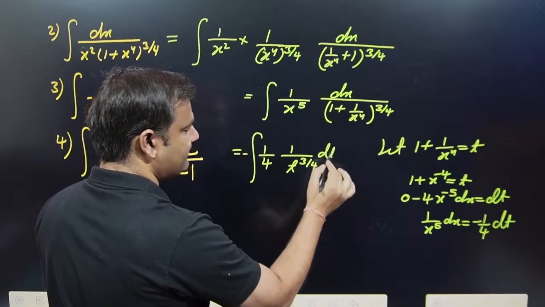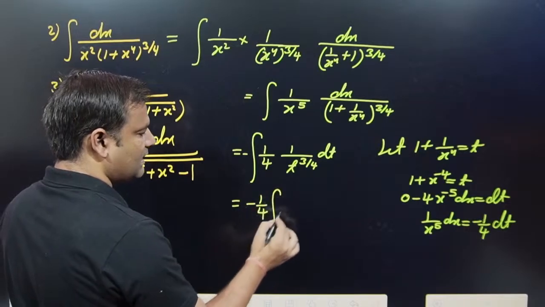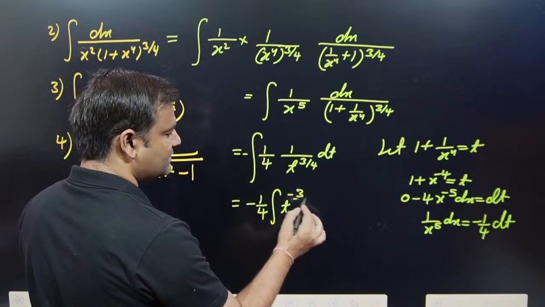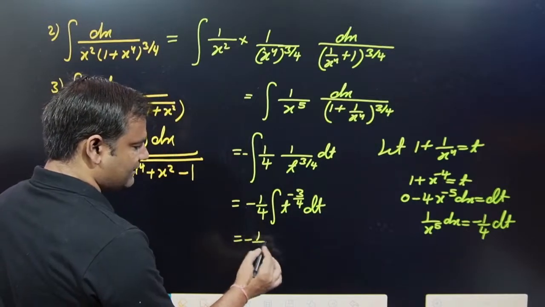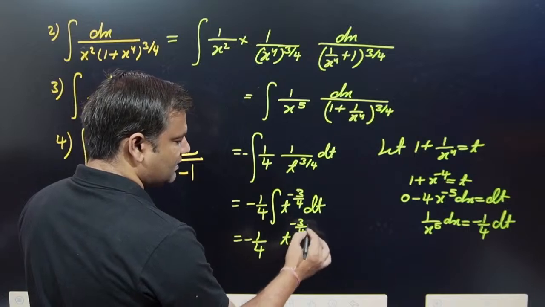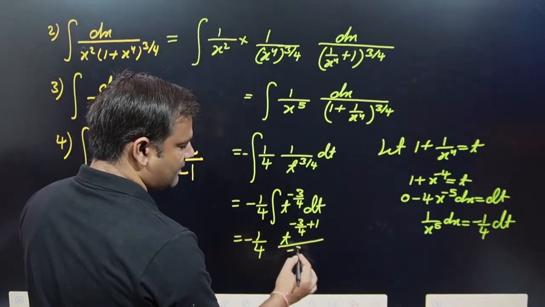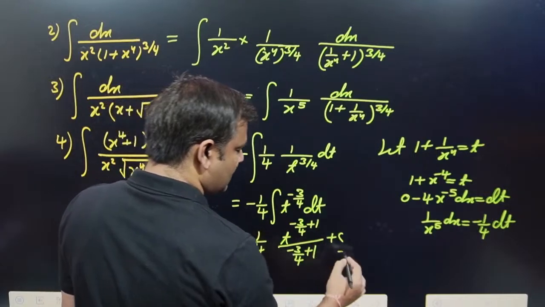After that, minus 1 by 4 is common, and here t to the power minus 3 by 4 into dt. Integration of that is t to the power (minus 3 by 4 plus 1) upon (minus 3 by 4 plus 1), plus c.